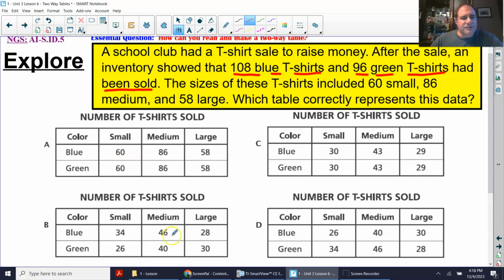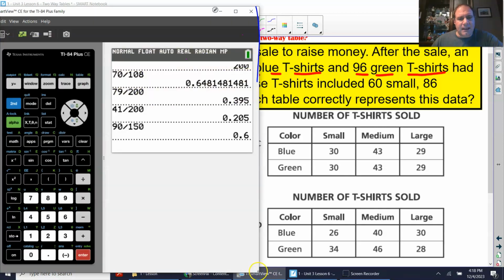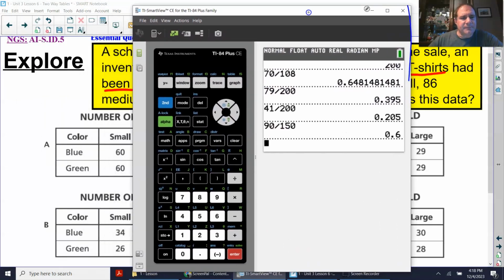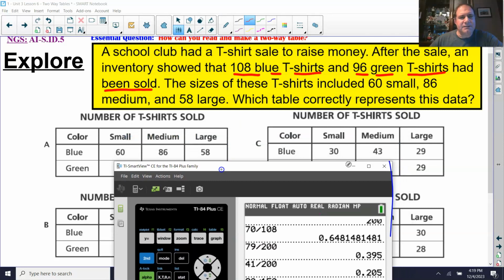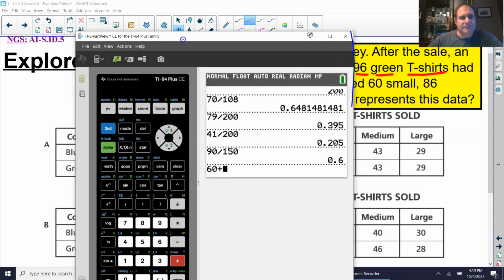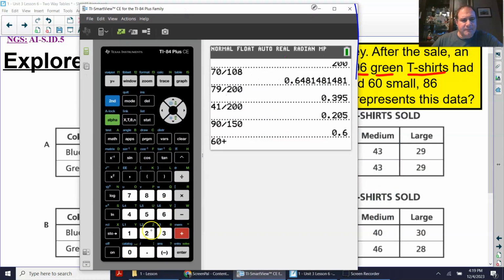So I have 60. I'm going to take the calculator and add 60 plus 86 plus 58. Enter. 204.